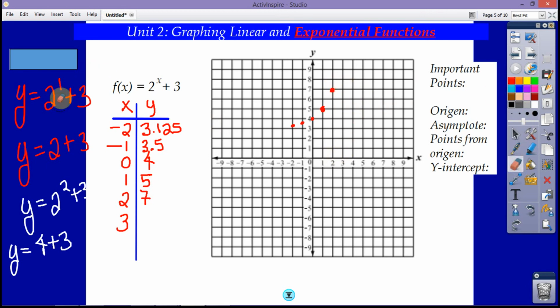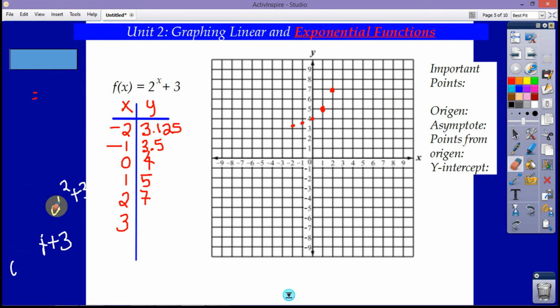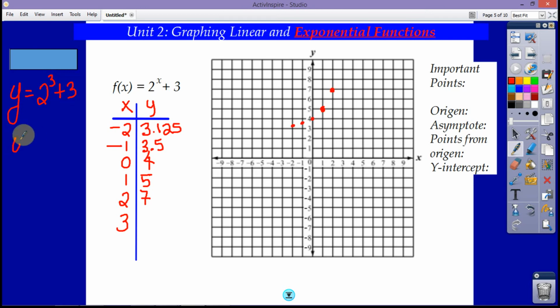And the last one is y equals 2 to the 3rd power plus 3. And 2 to the 3rd power, remember, is 2 times 2 times 2, which is 8, plus 3, which is 11. And, well, we can try it over here and do it a little bit more up. Just an approximation, because we run out of coordinate plane, it must be right there.